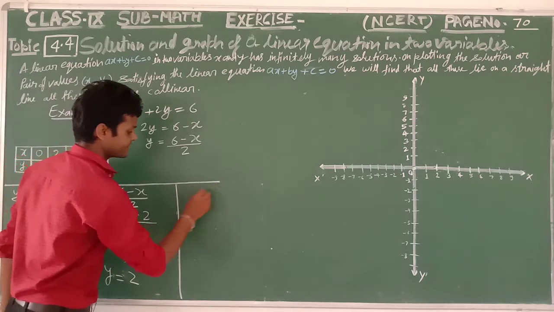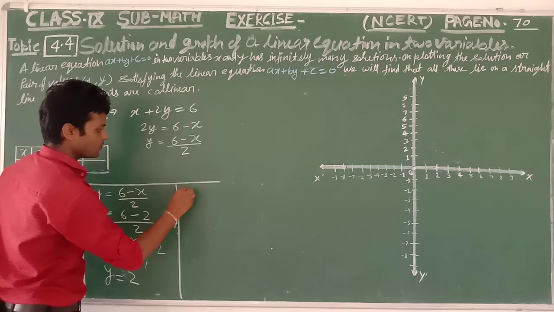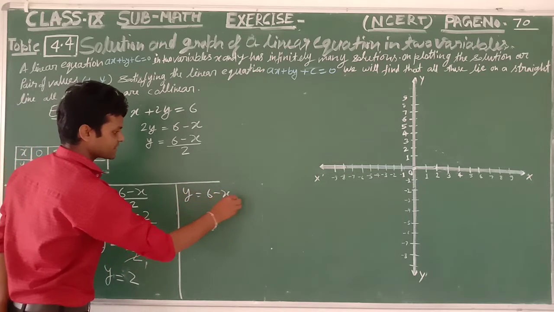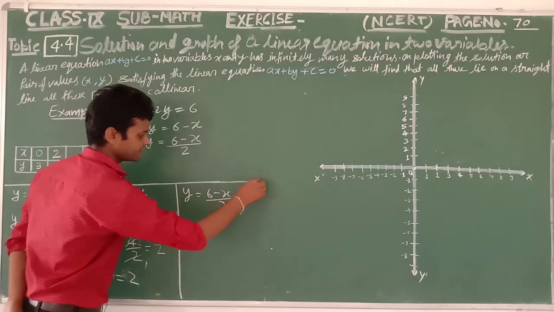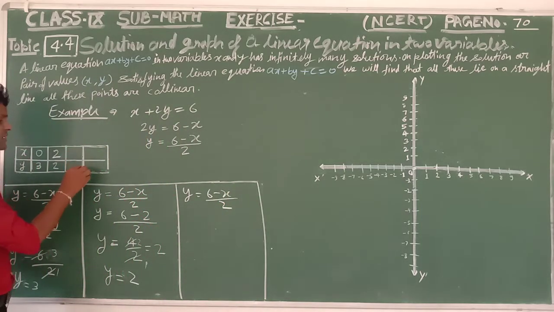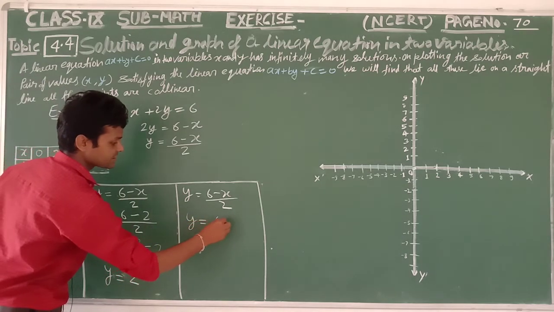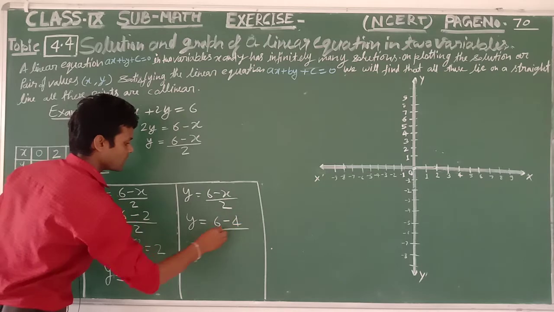Similarly, the same work for the next point. You write the same equation: y is equal to (6 minus x) upon 2. Next we take the value of x as 4. Put the value in the equation: y is equal to (6 minus 4) upon 2.